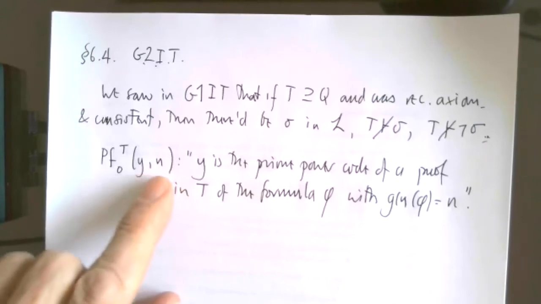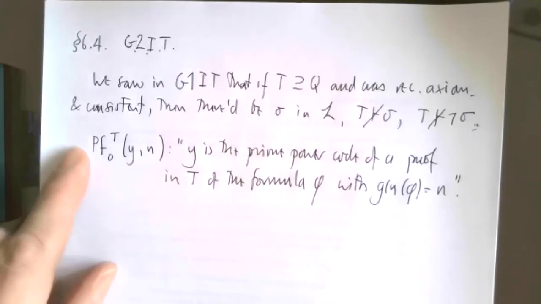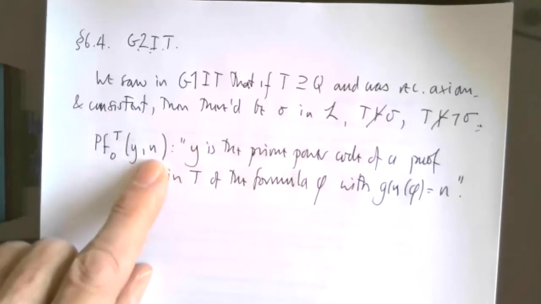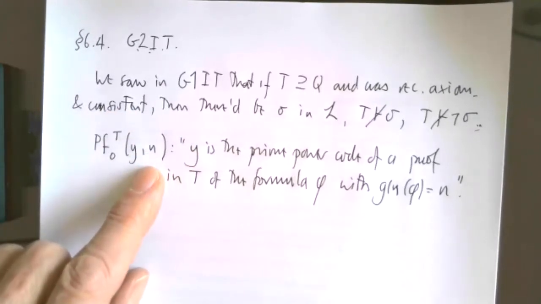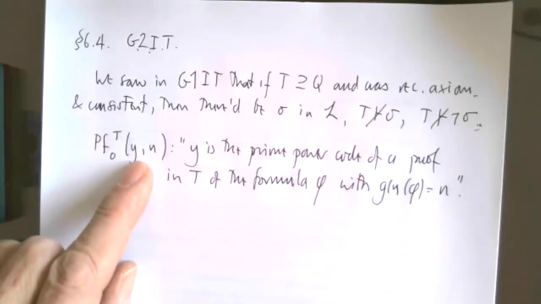This is decidable. It's a recursive predicate of y and n. And we saw we could take the characteristic function of this and find a recursive function.